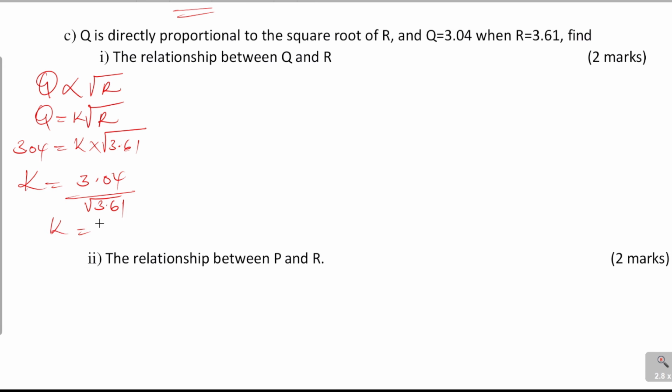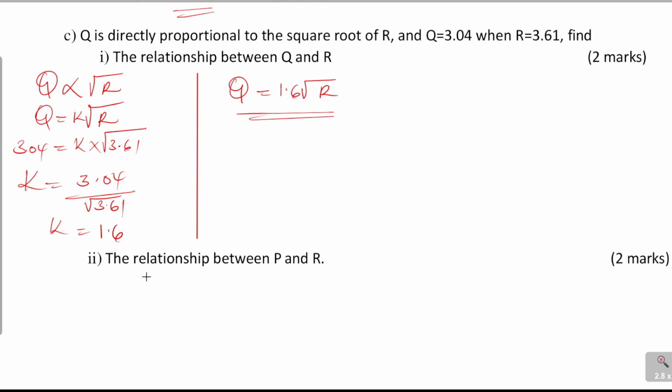So K here will be 1.6. Use a calculator there. So the relationship between Q and R therefore will be Q is equals to K, which is 1.6 root of R. That is the relationship.